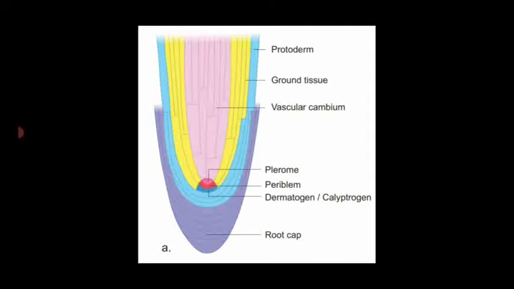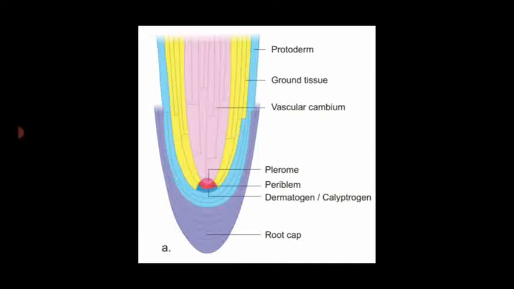Calyptrogen gives rise to the root cap, which is violet in color. Then the middle layer, which is dark red in color, is known as periblem and gives rise to the cortex. Then the inner layer is the plerome, which gives rise to the stelar region. So finally they are modified into protoderm, ground tissue and vascular cambium. The ground tissue means that which is made up of cortex.